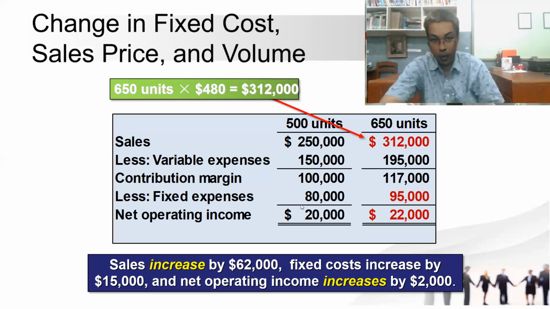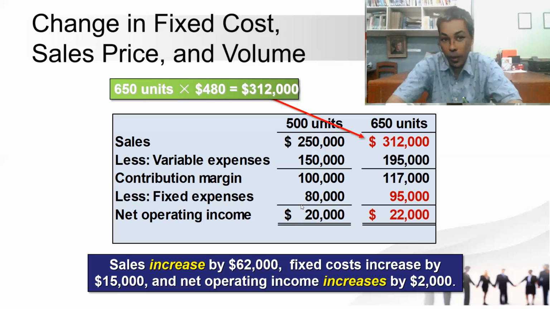That is because 80,000 is fixed plus the advertising of 15,000. We paid the advertiser 15,000. Okay, so therefore we have to subtract 95, and the answer is 22,000. And as you can see, there's an increase in the income by 2,000.